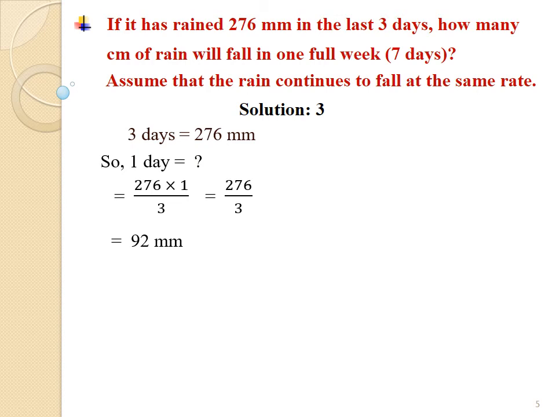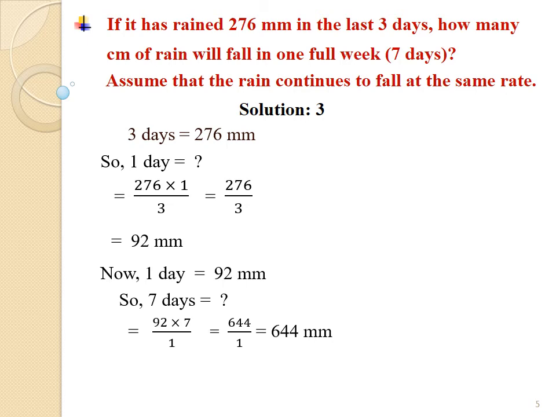1 day equals to 92 millimeters. So, 7 days equals to how much? By cross multiplying, we get 92 multiplied by 7 upon 1. Now multiplying 92 by 7 and keeping denominator 1 as it is, we get 644 millimeters.